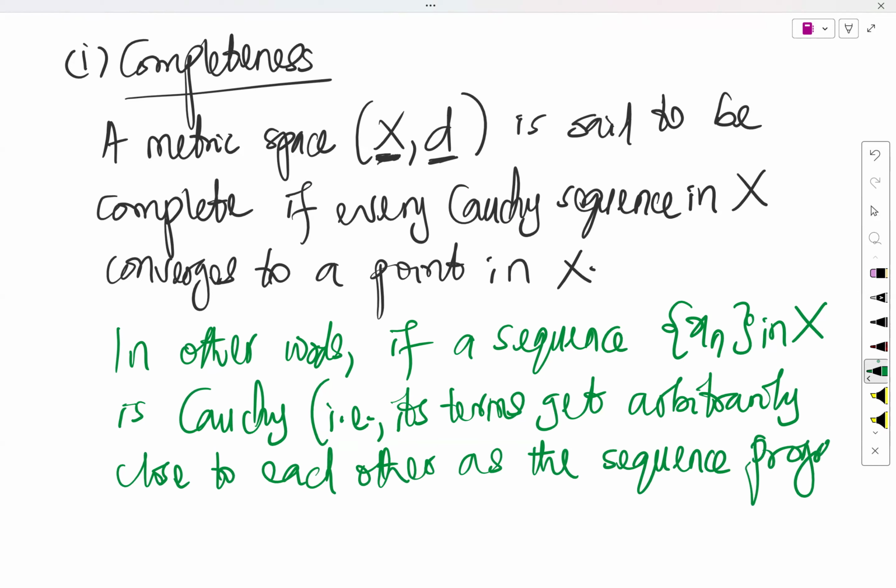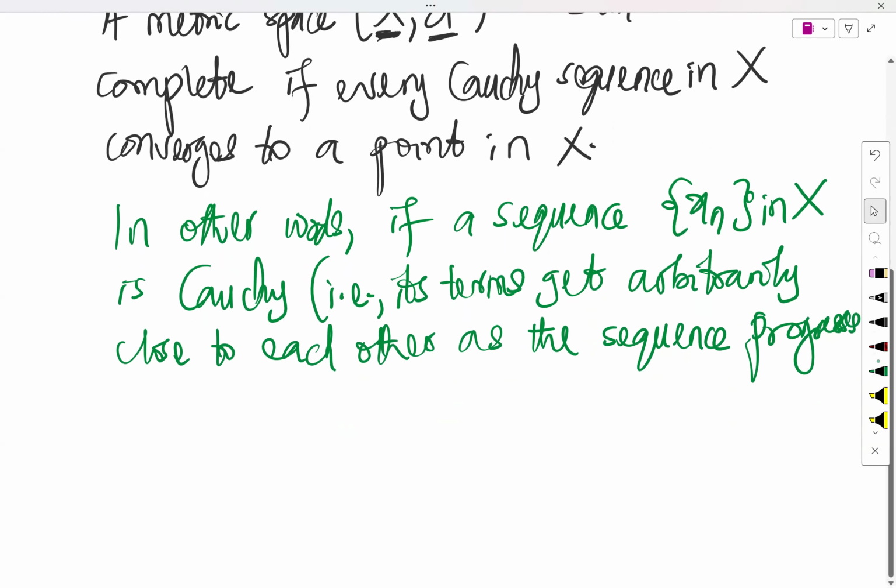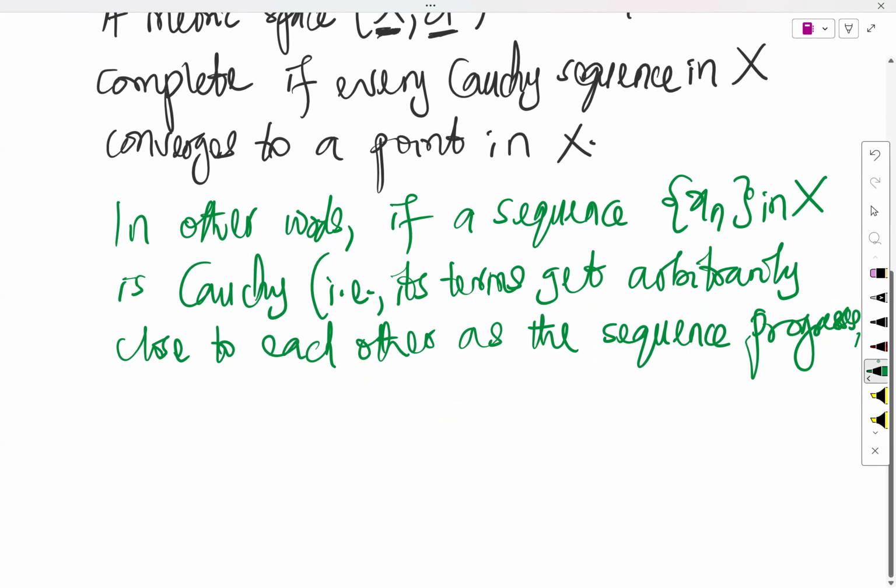So if you take a sequence and, as the terms go on, they get very close together, then that's when you say the sequence is Cauchy. As the sequence progresses, that's what a Cauchy sequence means.